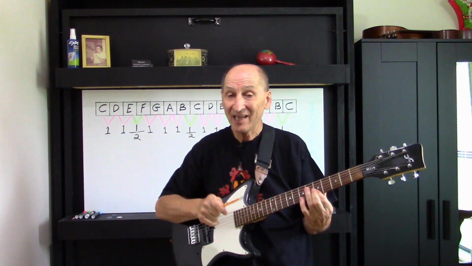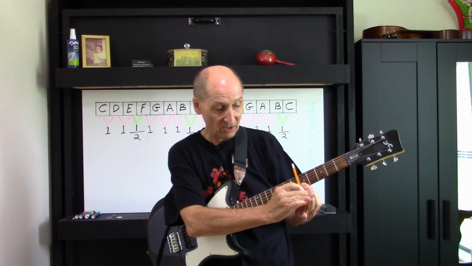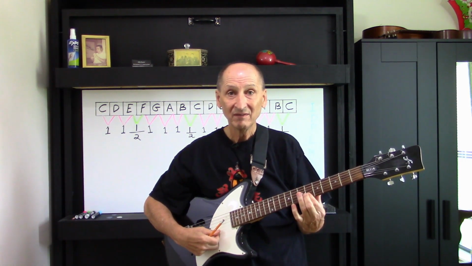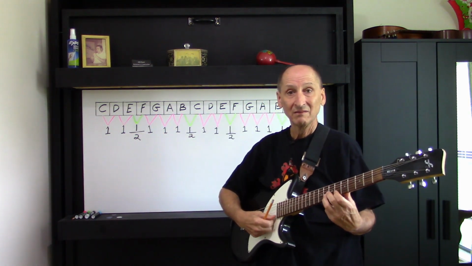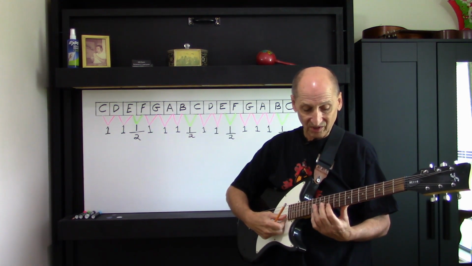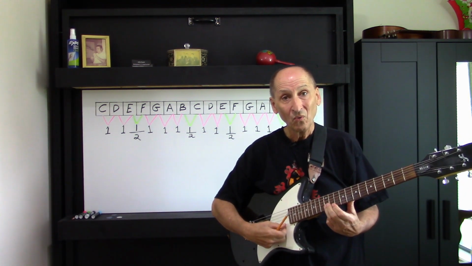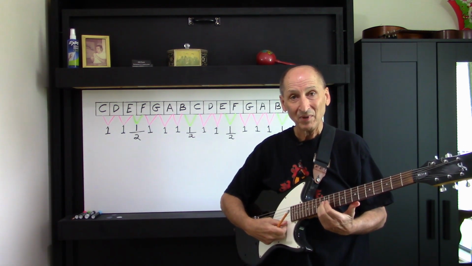A half step is only 1 fret. With this fret being our starting point, there's F. From F to G, G to A is 1 step. A to B, 1 step. B to C is a half step.